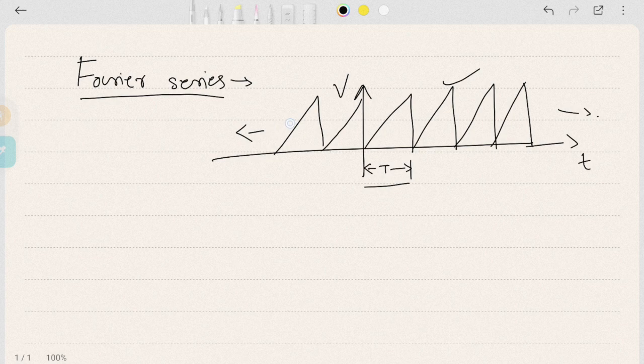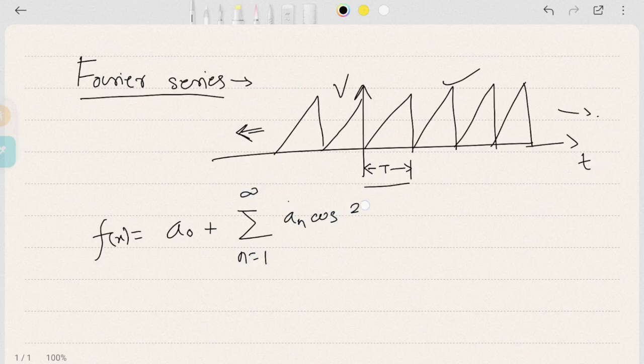How to represent it in Fourier series? Fourier said that these functions can be represented as a sum of sine and cosine terms. The function f(x) can be written as: a naught plus the sum from n equals 1 to infinity of a_n cos(2n pi x / T) plus b_n sin(2n pi x / T).